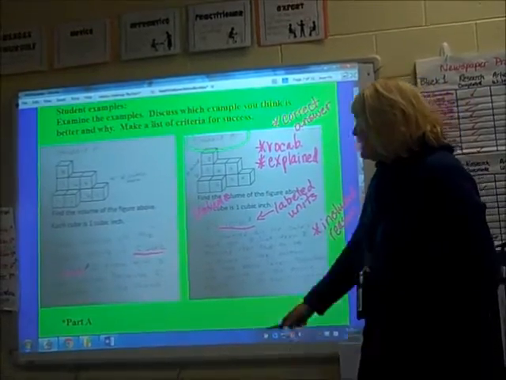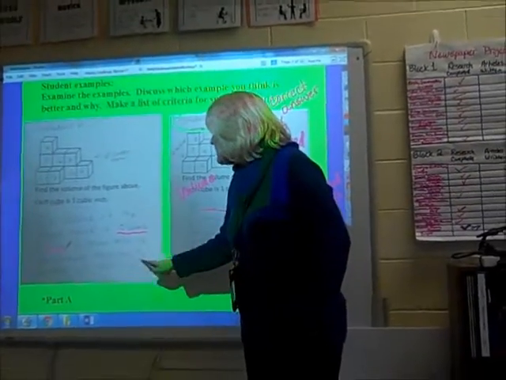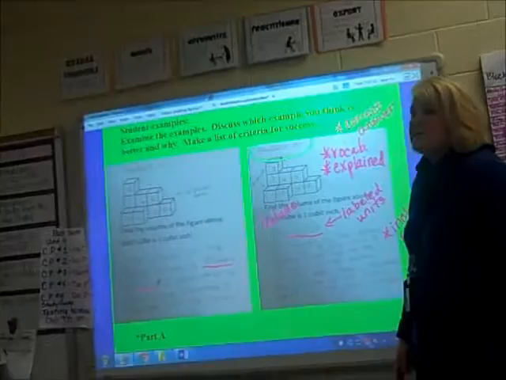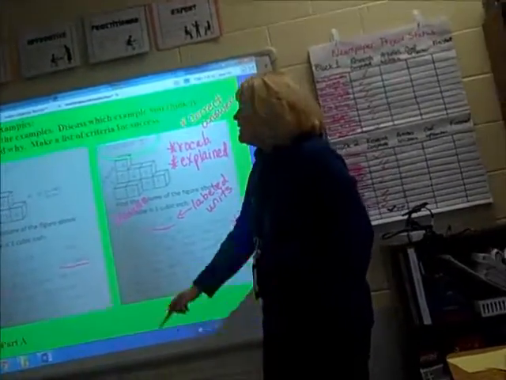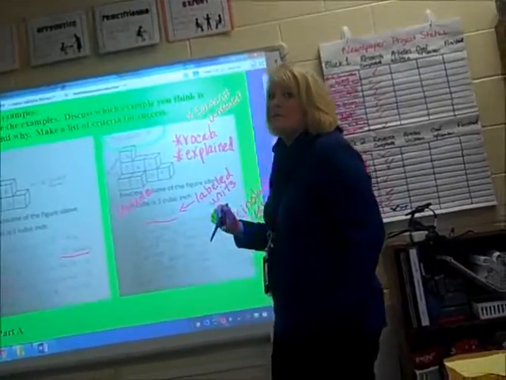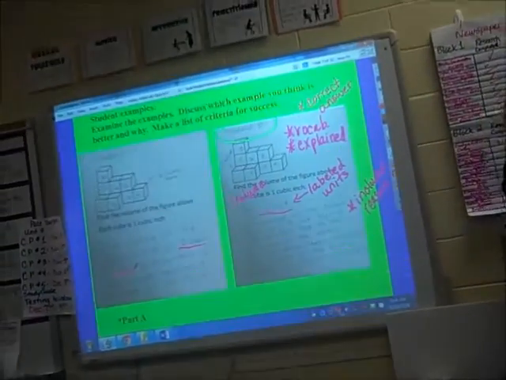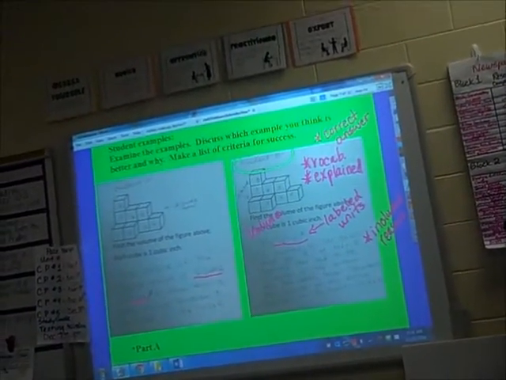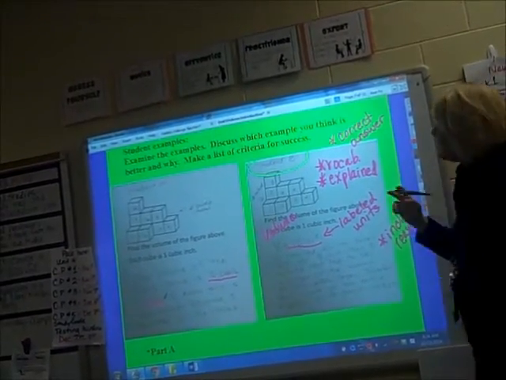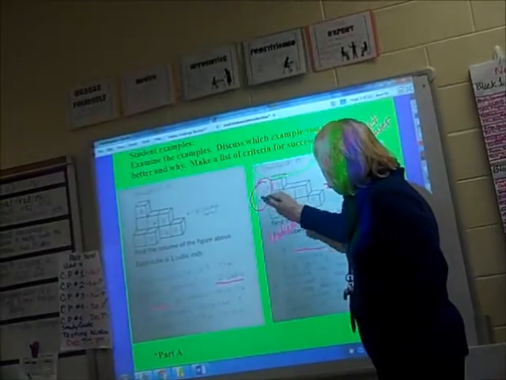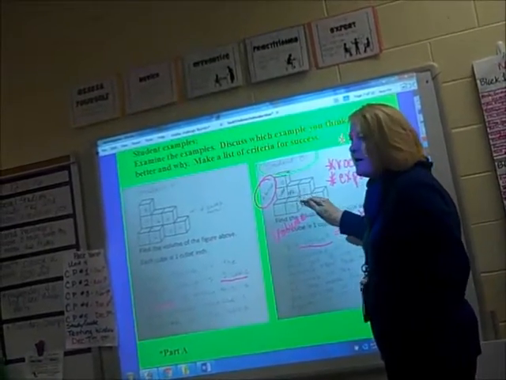Okay. And they said, I know this is the answer because I counted all the cubes. Is that what you had to do there, count the cubes? What did they miss, though? What do you think they missed? Rohan? Okay, this student here found there were 2 cubes behind here.